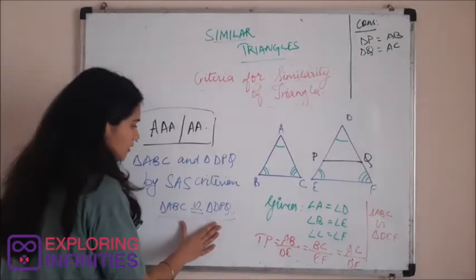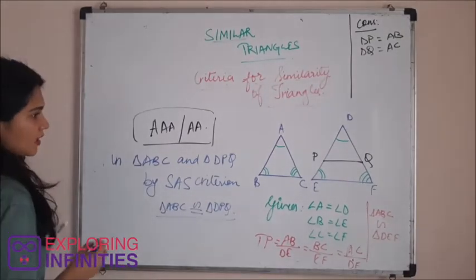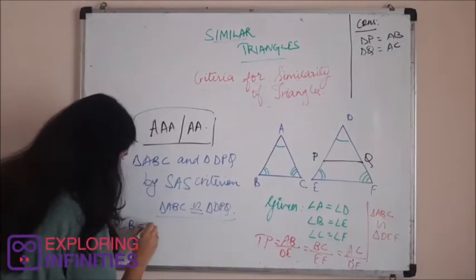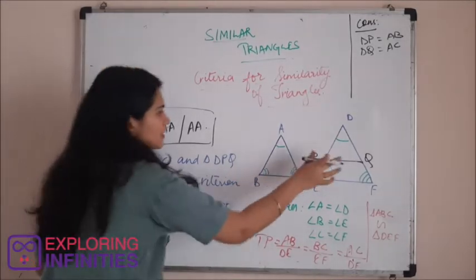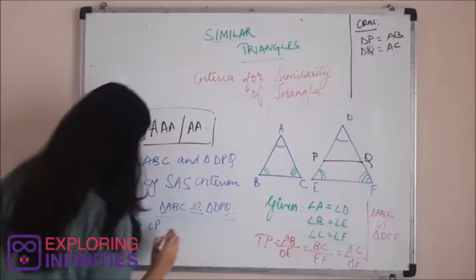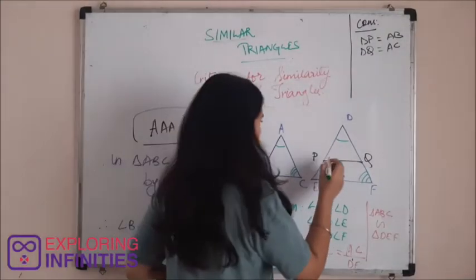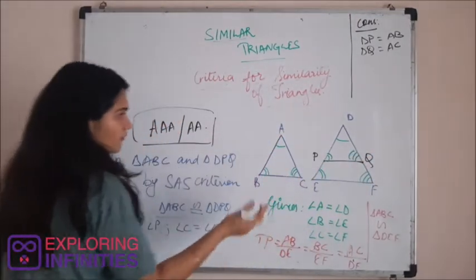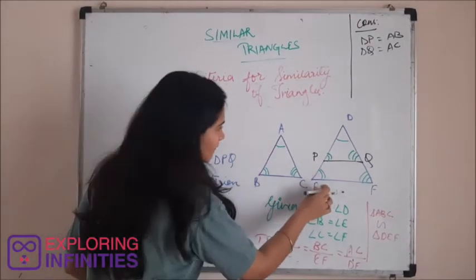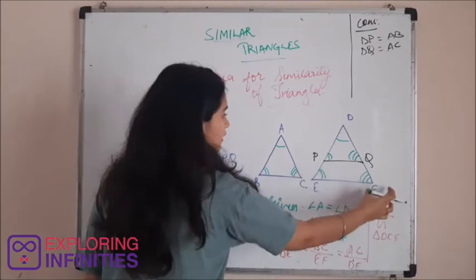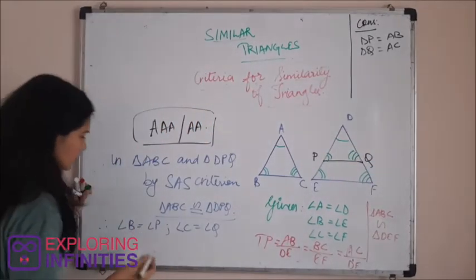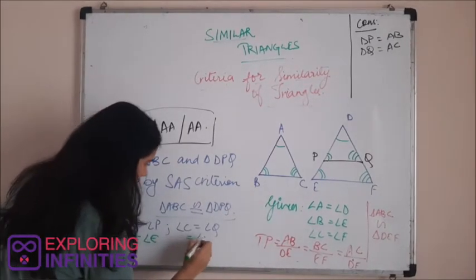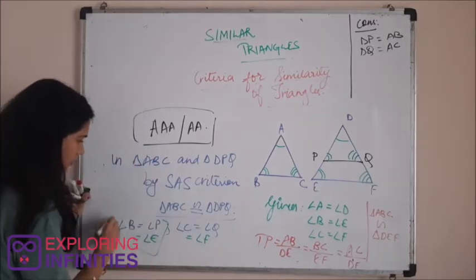Now, if we have this, then what can we say? We can say that angle B is equal to angle P. Similarly, angle C is equal to angle Q. If we have these two, angle B equal to angle P and angle C equal to angle Q, then we can also say that angle B equal to angle E, which is also equal to angle P, and angle C equal to angle F, which is also equal to angle Q. This we can say.